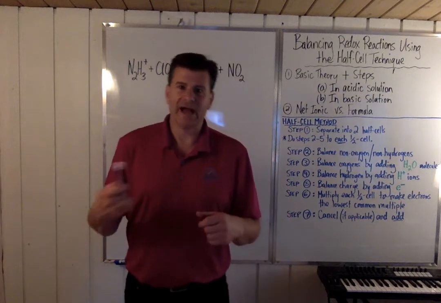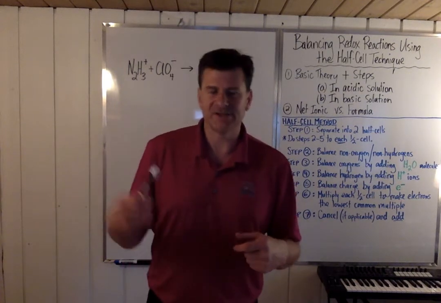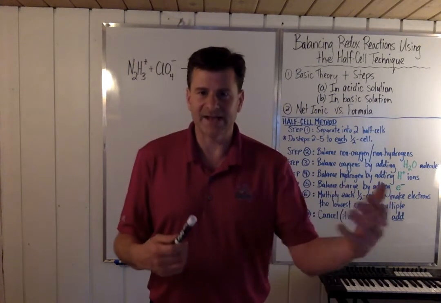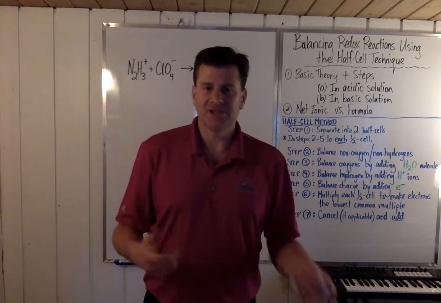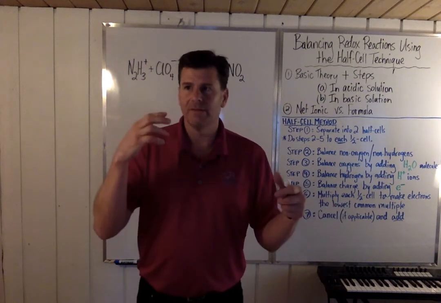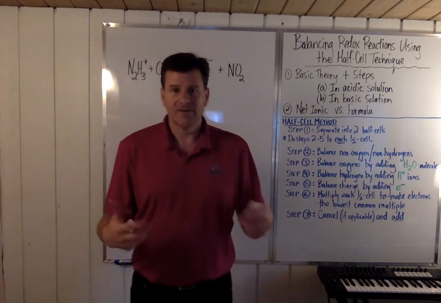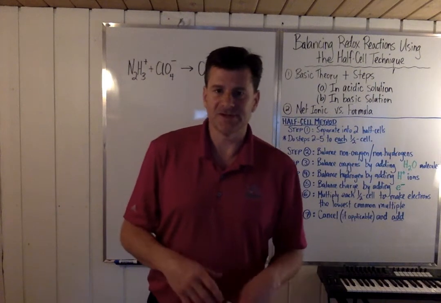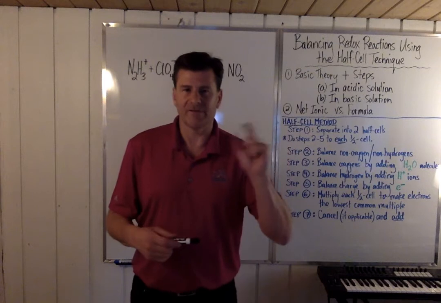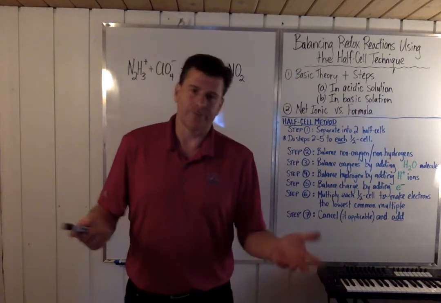And so if it didn't happen in solution, that may not make sense to you. Whereas if you had a homogeneous gaseous reaction going on, the oxidation number method doesn't necessarily require the addition of waters or H pluses, as you're going to see. Okay, so it might fit what your mind is thinking if everything was a gas. Okay, but we'll see.